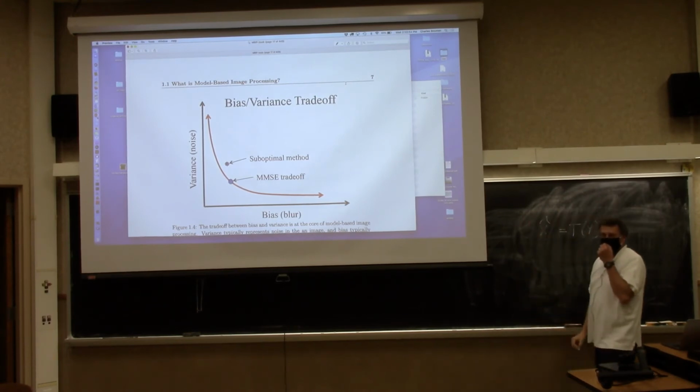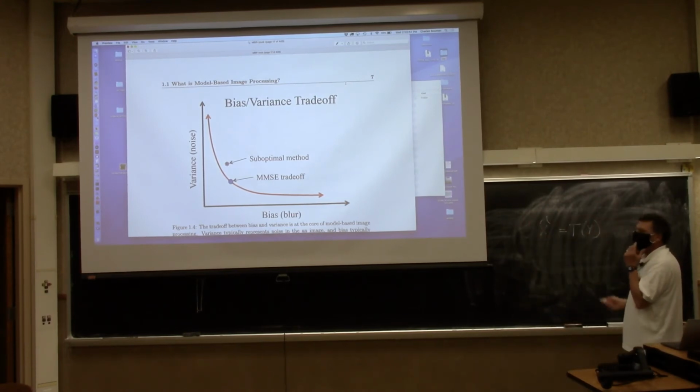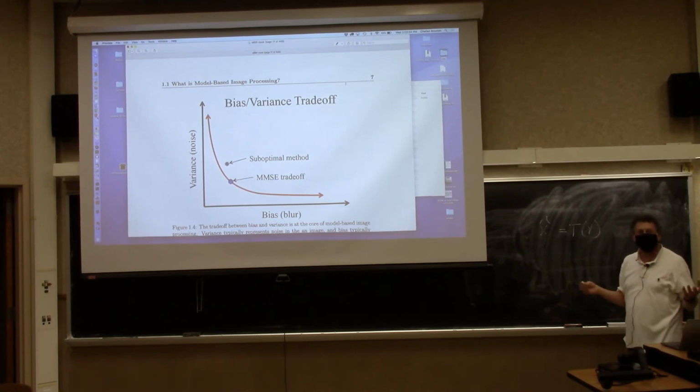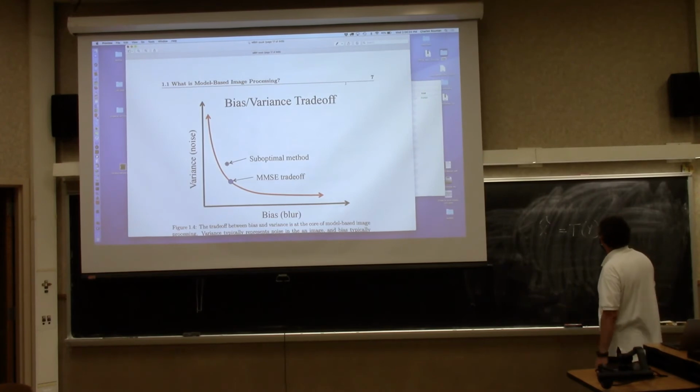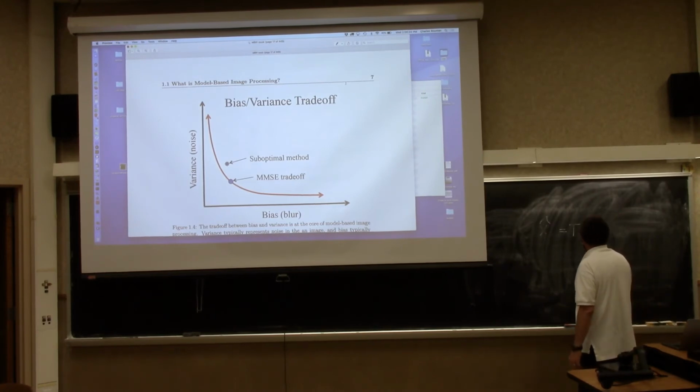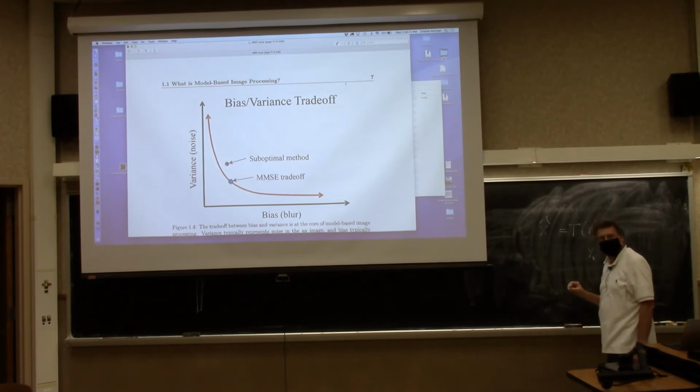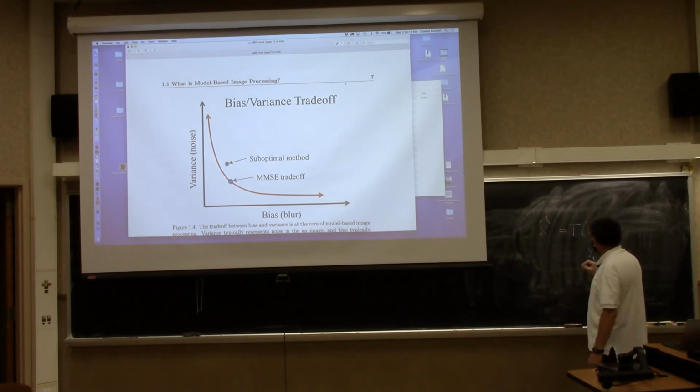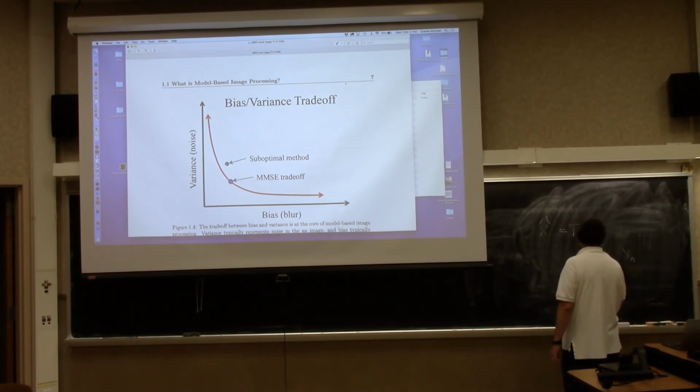Now, if you perform the same experiment many times, so you have y1 through yn, n versions of the experiment, then for each of these, you get an x1 hat through an xn hat.